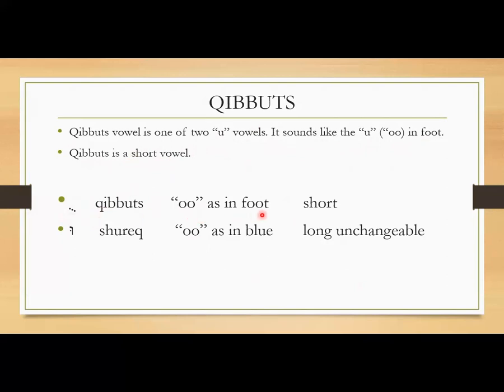That's U as in foot. Kibbutz, it's short. Shurek, U as in blue. Long, unchangeable. Now, those are all the vowels that we have.